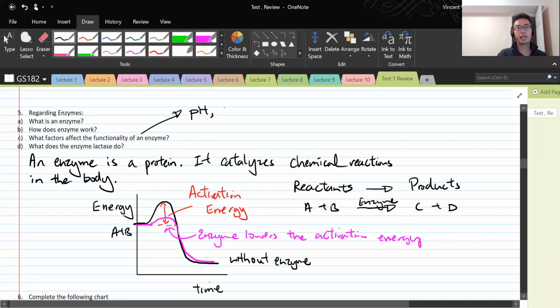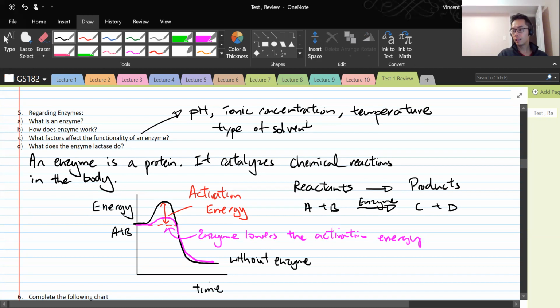It could be ionic concentration. If you change the amount of ions, such as NaCl in the solution, that's going to affect your protein. Temperature, definitely. Type of solvent. Okay, so all these are things that would affect the functionality of the enzyme.